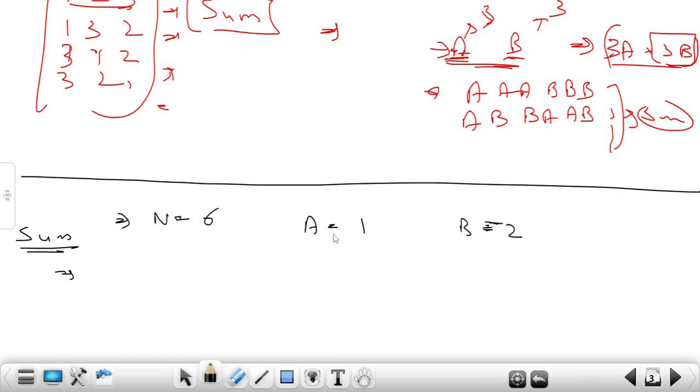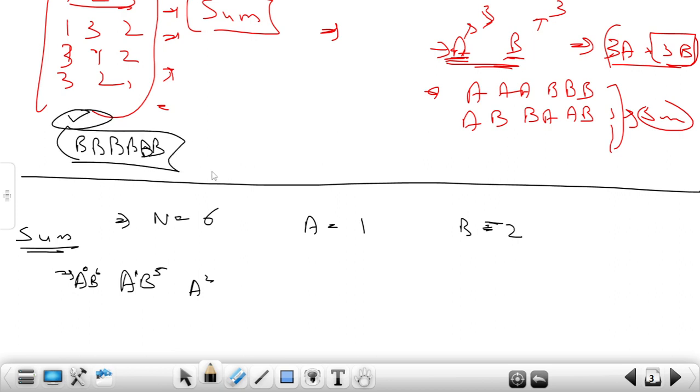Okay, so I can have a one time and I can have b five times, is it? After that I can have a two times. Even I can have a zero times and b six times, isn't it? This is one of the possible good integers. So we are counting the sum of good integers here, isn't it?